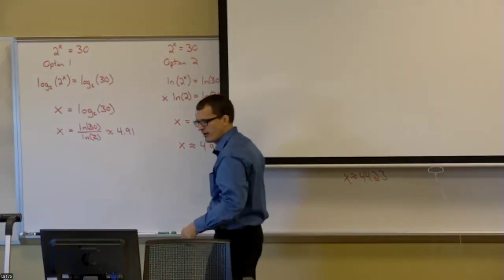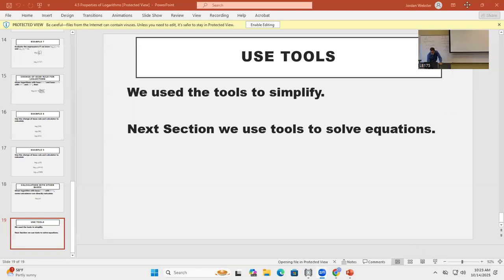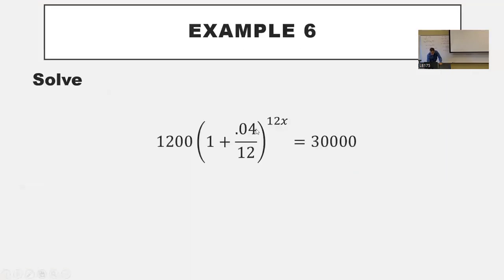Let's do one more of this type of scenario. I'll go ahead and do this. So this is 1200 equals 1 plus 0.04 over 12, all raised to the 12x power, set equal to 30,000.